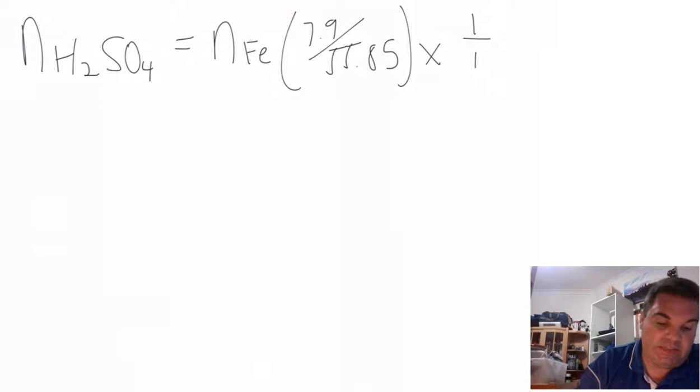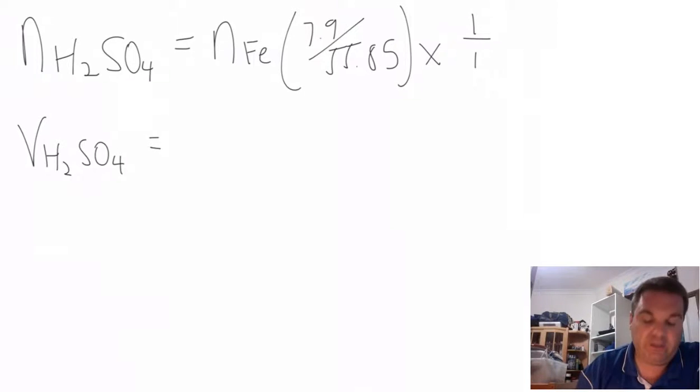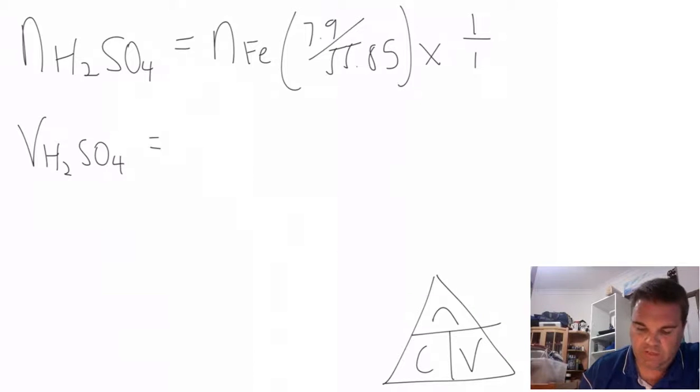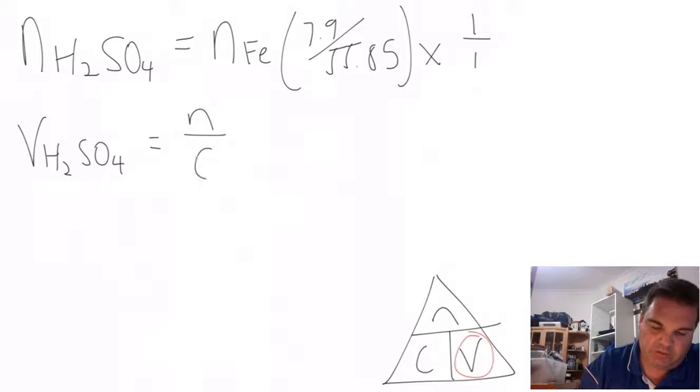Now we find out what our answer is. It's asking us to calculate the volume of sulfuric acid that we needed. So using our triangle, which I'll put down the bottom here because I've got room this time, CNV, we're trying to find volume, so it's going to be number of moles over concentration.